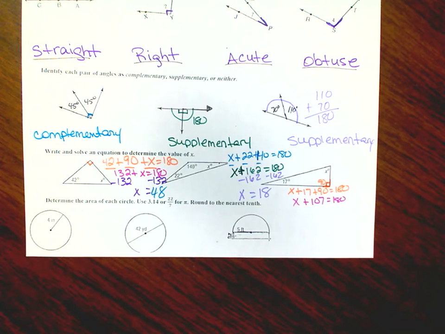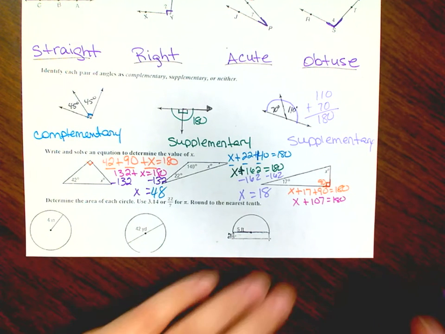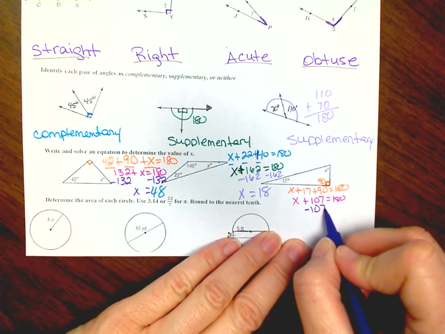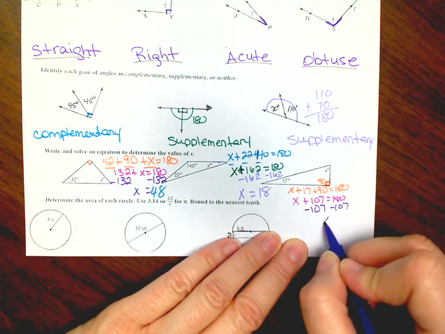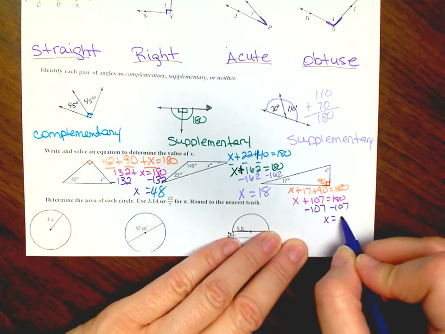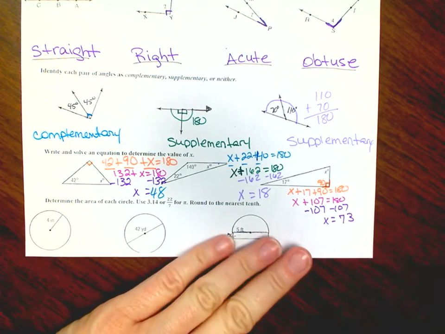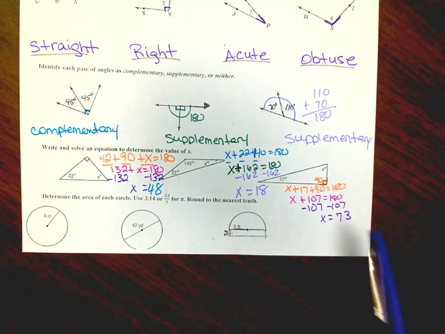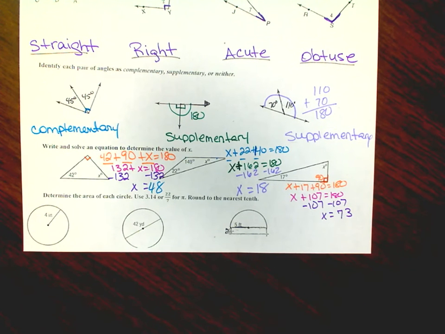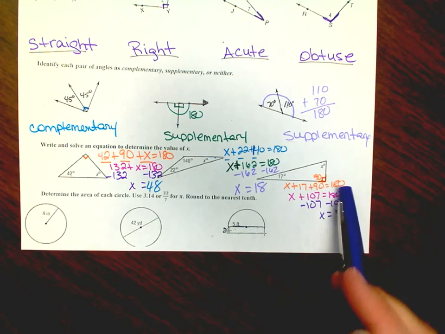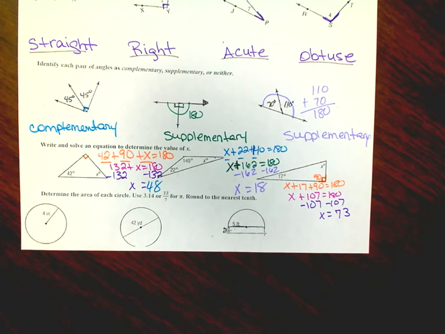I need to get x by itself, so I need to subtract 107. So x should equal 73. To check yourself, plug x back into the original equation and see if you get 180 when you add them all up.